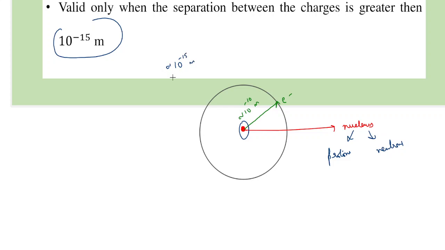Nucleus is very small. If you enlarge this part and see, you can think of it like this. Let the red dots indicate the protons and the black dots indicate the neutrons.